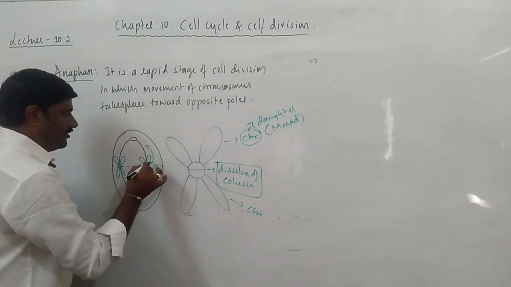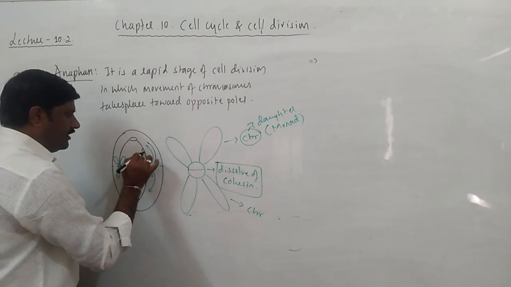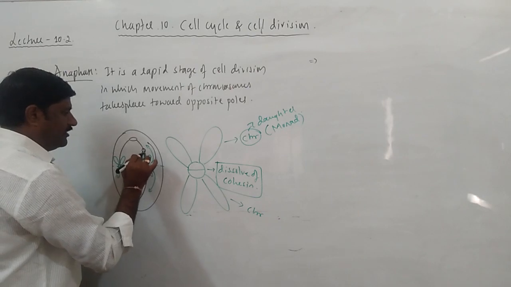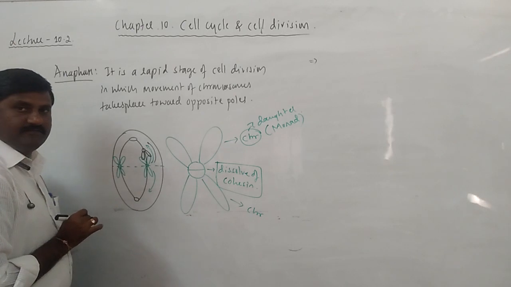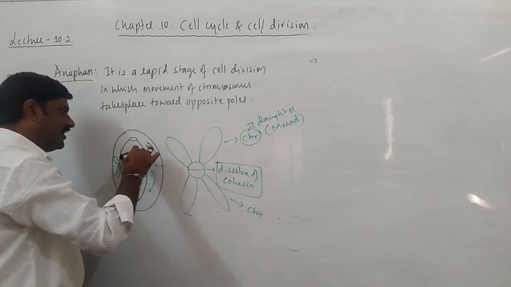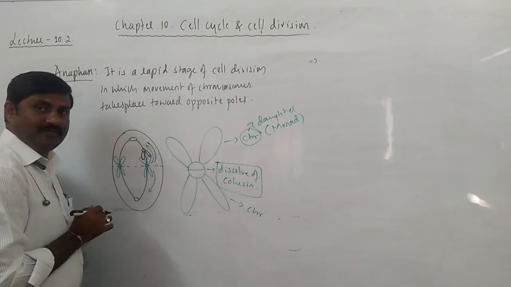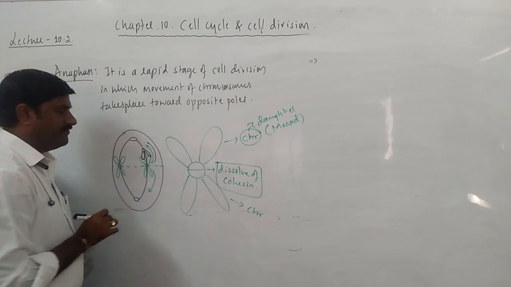Now, see here. This chromosome starts to move towards this pole, with the centromere at the front and the chromatids following the centromere. Why? Because this is the region where the kinetochores are, so the fibers are there, and those fibers are called chromosomal fibers.